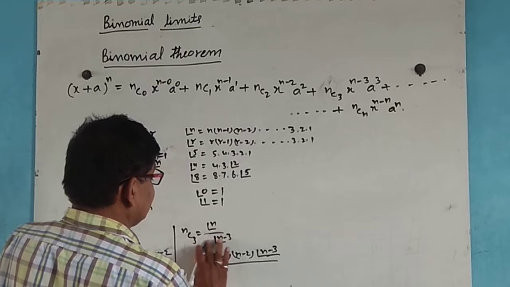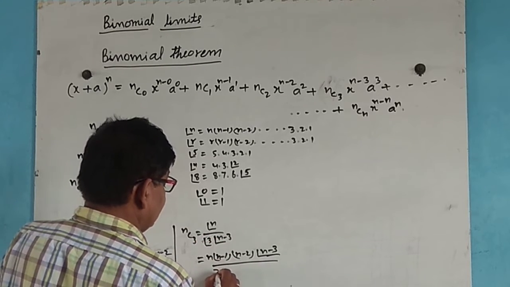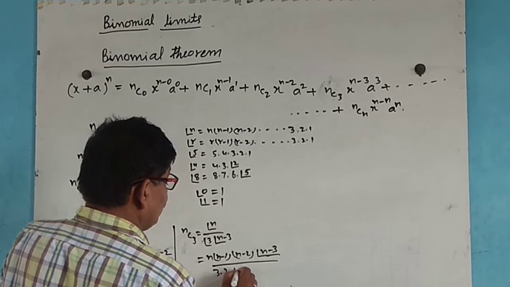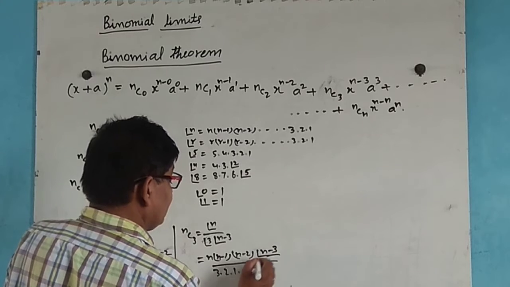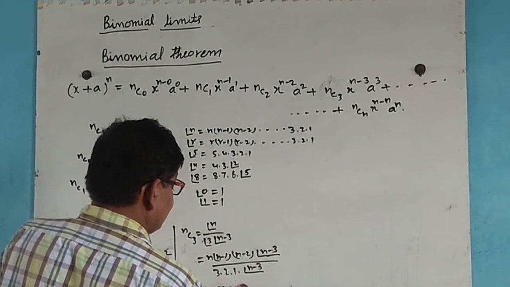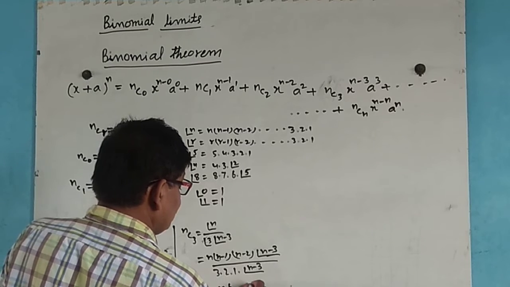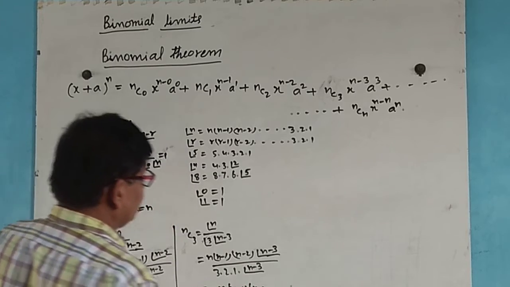It means that 3, 2, 1 and factorial n minus 3, this and this remove, so that n into n minus 1, n minus 2 divided by 3 into 2 into 1.